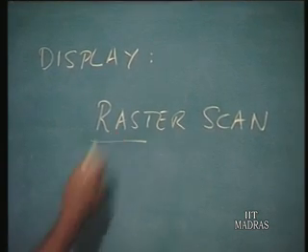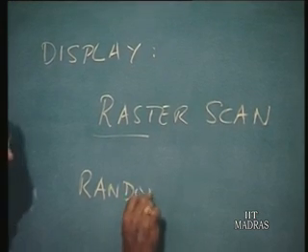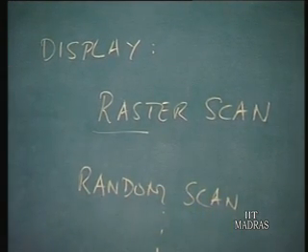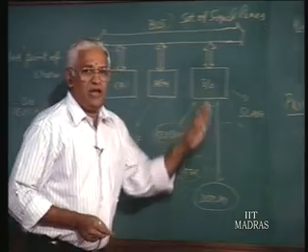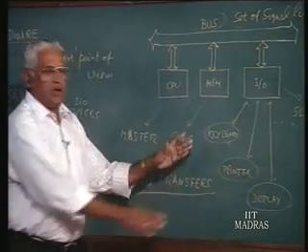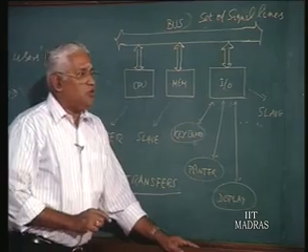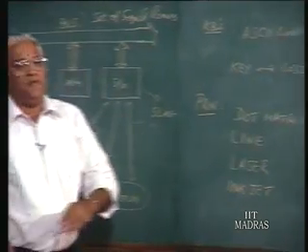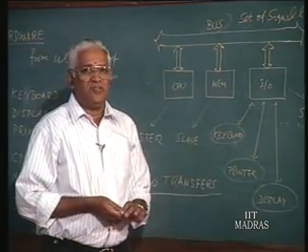For instance, you have a random scan, and there are different names for that, which we will talk about more in the next lecture. Now, depending upon the types of displays, again these interfaces will have to be different. So, precisely whatever I was talking about printers holds good for the displays too. So, more about these displays and some more about the hardware details we will cover in our next lecture.